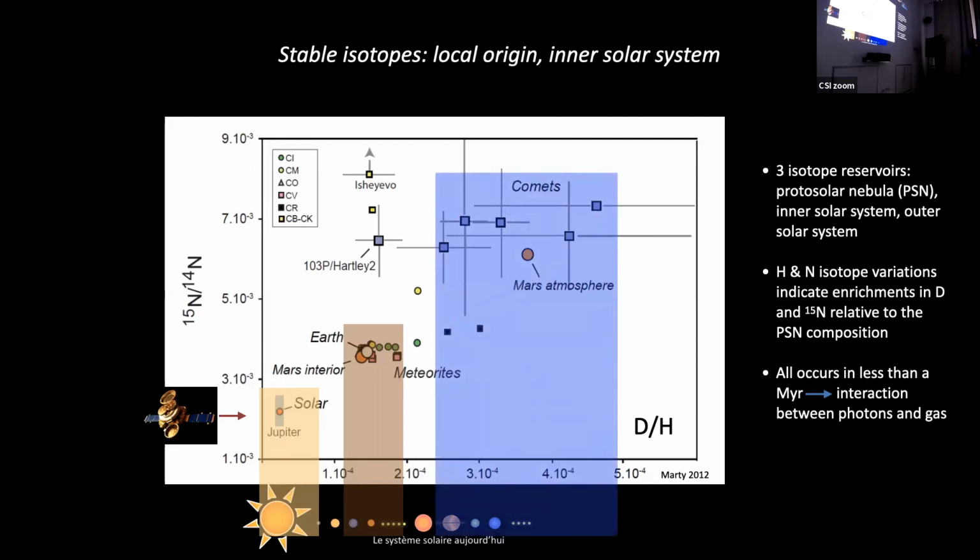So just by looking at these stable isotopes, it's quite clear that the terrestrial volatiles, at least for the H, and therefore H2, and nitrogen in the atmosphere, have mostly affinities with inner solar system bodies, which are now represented by meteorites. So the bottom line would be that the volatiles were acquired from the inner solar system, from some reservoir that was already fractionated, modified from the protosolar.